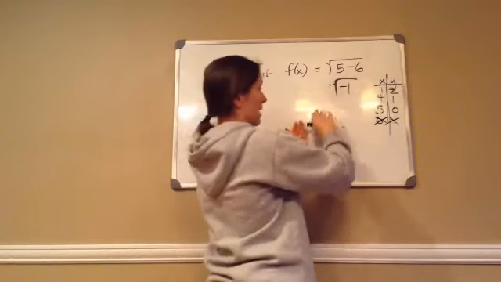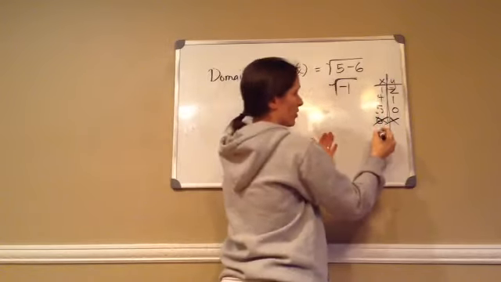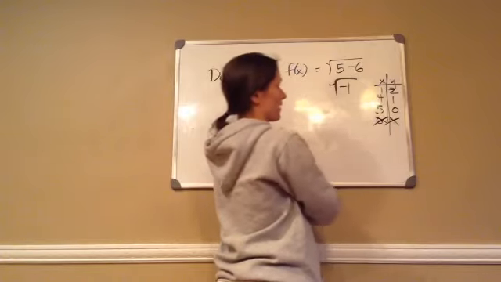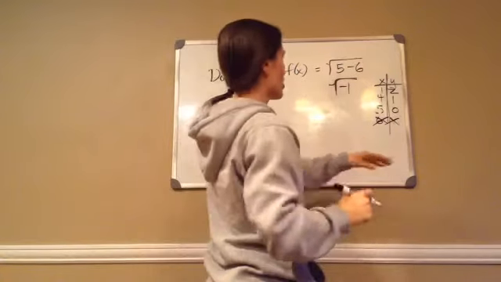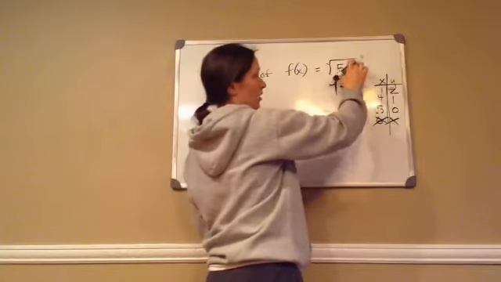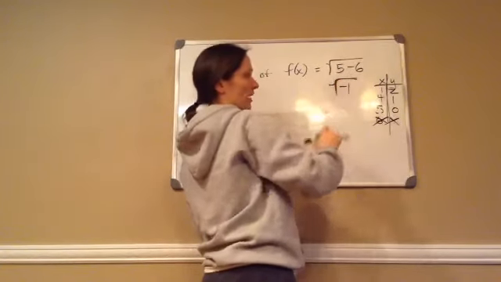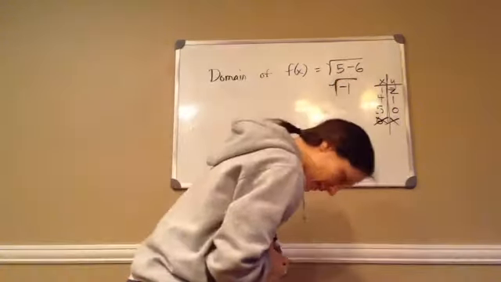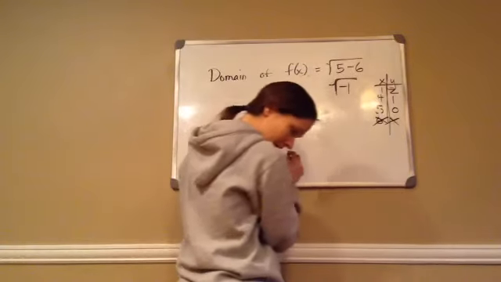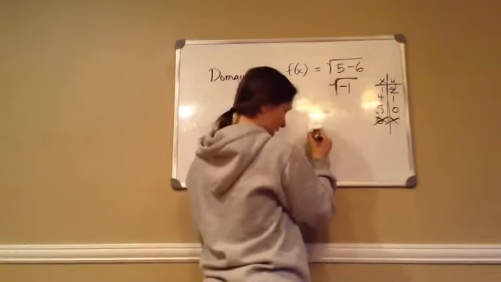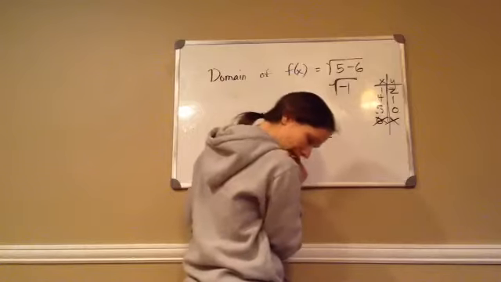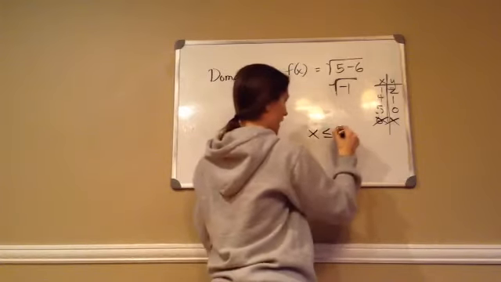-1 wouldn't work, would it? No. Anything that would give us a negative number answer will not work. So basically what they're saying is this: x is less than or equal to 5.